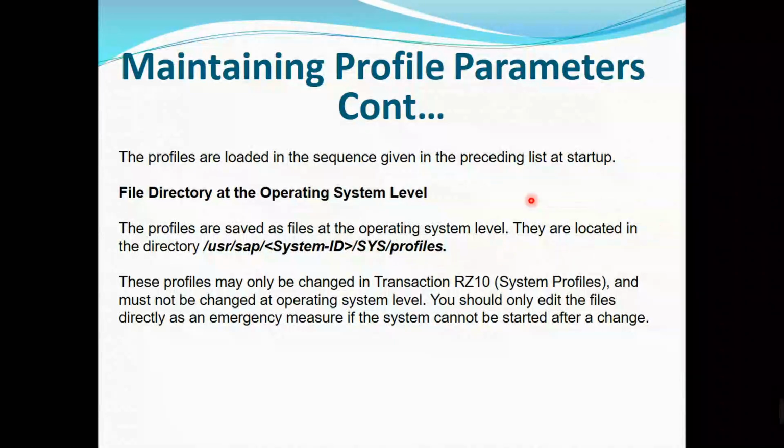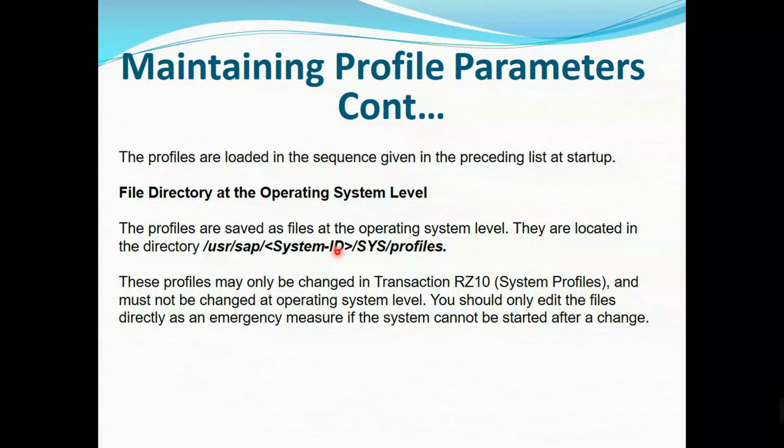Here we maintain the profile parameters of SAP. Now, how can it be changed? With RZ10, the system profile T-code. Through this we can change the profile parameters. As I said, when we make the video of it in a practical manner, you will get to know, because through definitions it is not easy to describe it to you all.